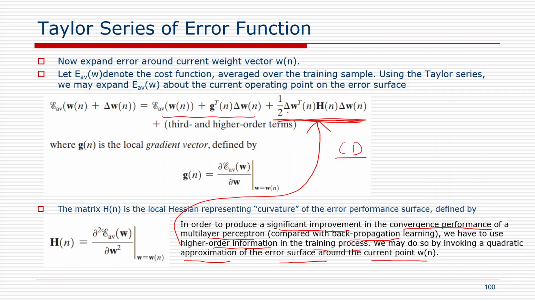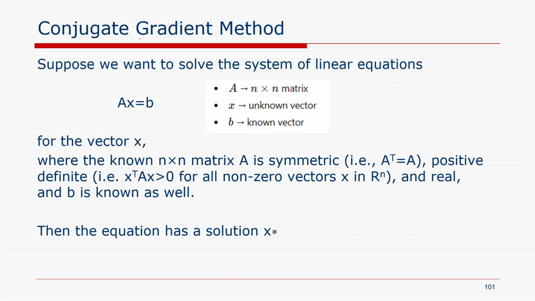But we will look at what the conjugate gradient is in general. The conjugate gradient method tries to solve the equation Ax equal to b, where A is an n cross n matrix, X is the unknown vector, and b is the known vector. Our unknown vector is the weight vectors.